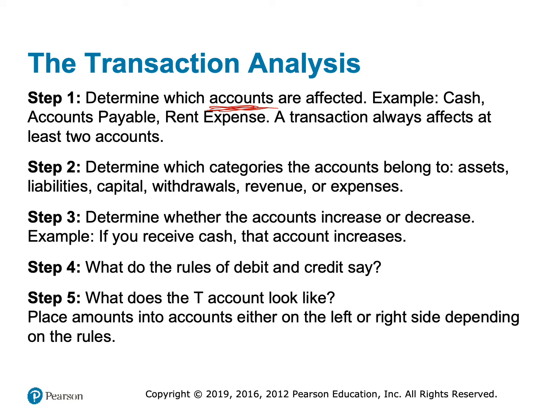So let's say you tell me cash is affected, and I'll say, okay, well, what type of account is cash? Well, cash is an asset. Okay, so then we need to ask ourselves, is cash going up or down in this transaction? Let's pretend cash is going up. If cash is going up, and I know cash is an asset, how do I make an asset go up? Well, assets have a normal debit balance, so they go up with a debit. And so then I know that I need to debit that account. Okay.